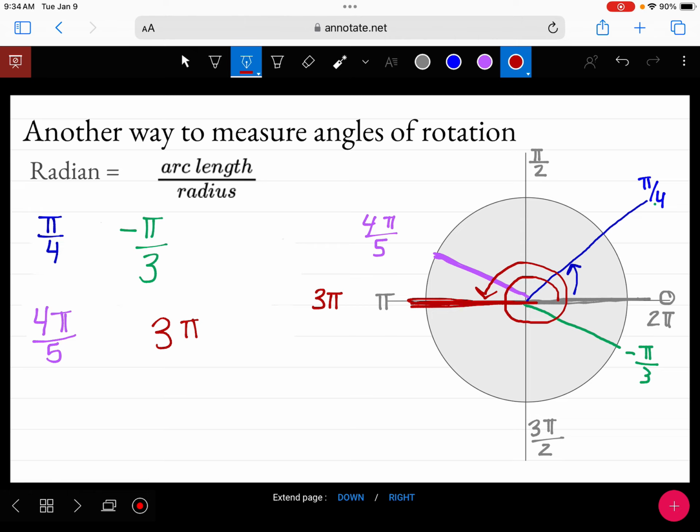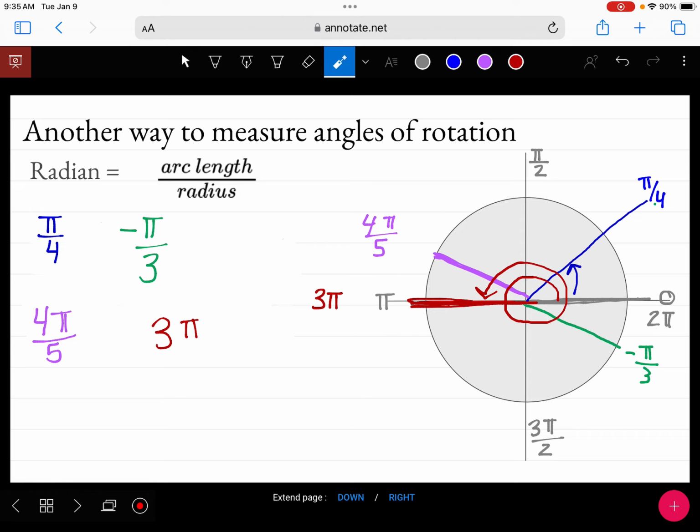But what we're going to do is take radians and degrees and relate them together, because we are significantly more comfortable with degrees. We've worked with degrees for eons. So what we have here, I know that 0 is 0 in degrees. I know that over here is pi.